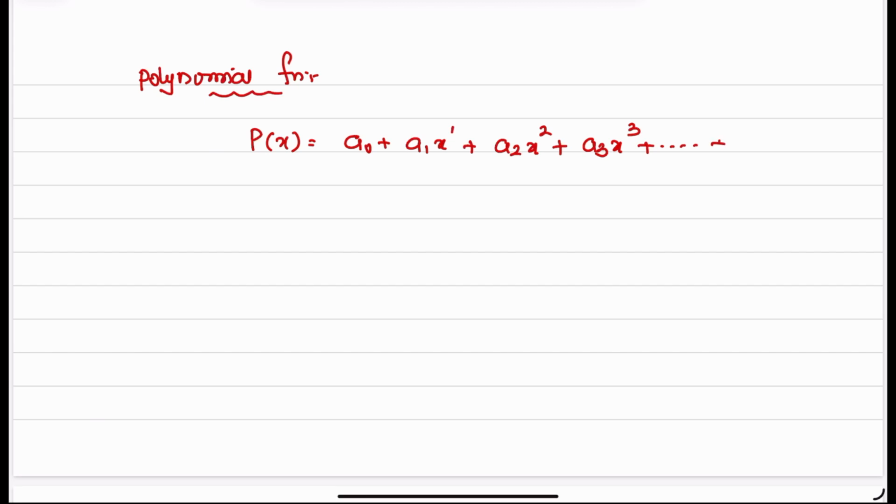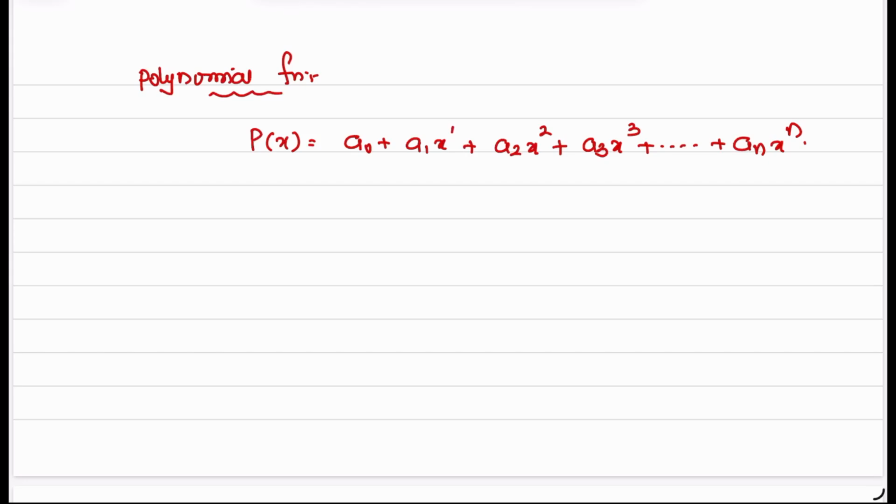What is a polynomial function? A polynomial, if it can be expressed as a0 plus a1 into x to the power of 1 plus a2 into x to the power of 2 plus a3 into x to the power of 3 up to an into x to the power of n. Here a0 to an are arbitrary constants, don't worry about them.